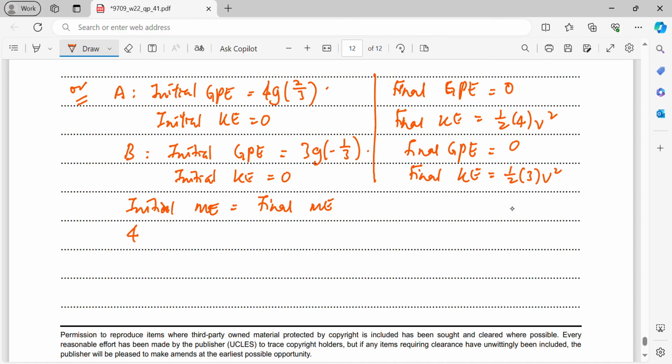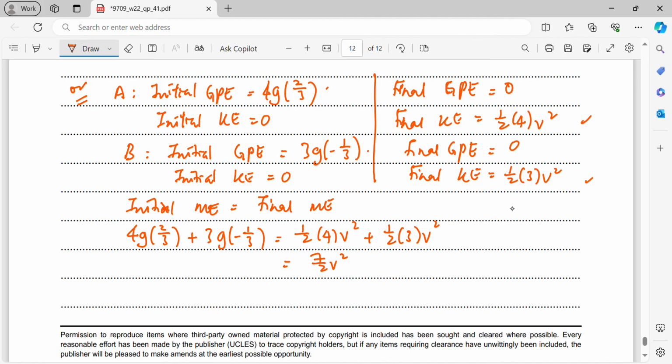So I will get 4g times 2 over 3 plus 3g times negative 1 over 3. Then final mechanical energy, just plus these two values. Half times 4 v squared plus half times 3 v squared. So for the right side, you get 4 plus 3, 7 over 2, 7 over 2 v squared.